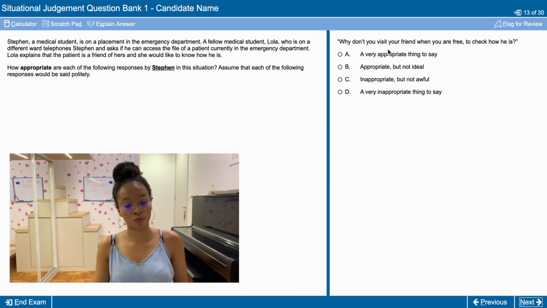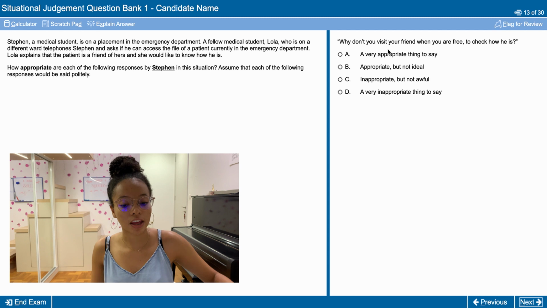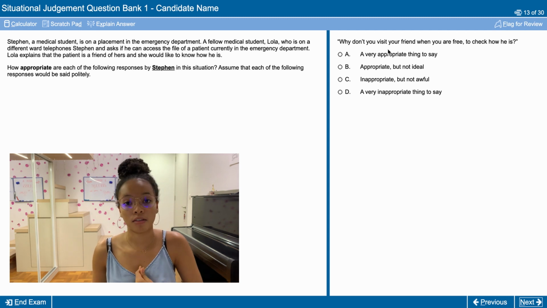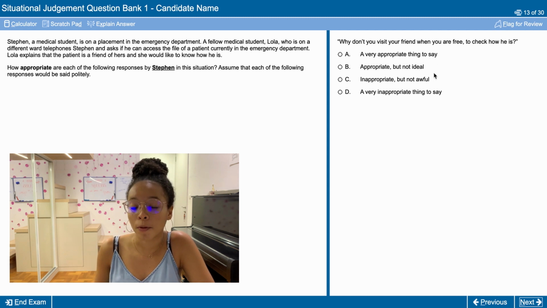Because at that point, that wouldn't be breaching the confidentiality at all, because her friend would actually be telling her his own information.